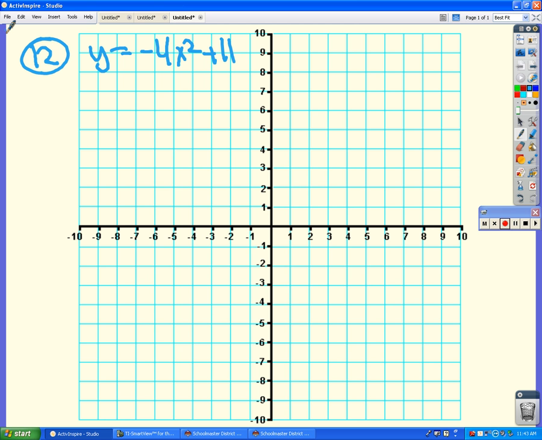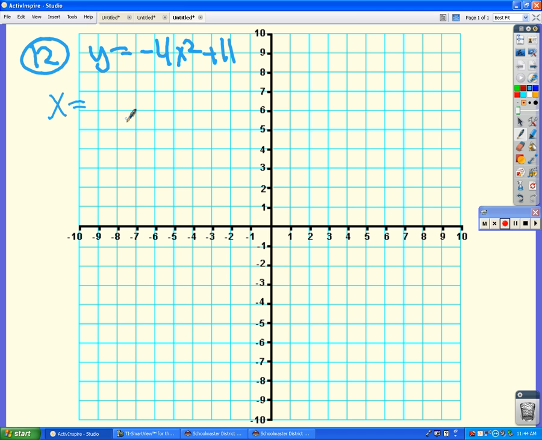All right, number 12 is one of those funky ones where if you do the math and go negative b over 2a to figure out what x is, then you get what for the x coordinate? 0.